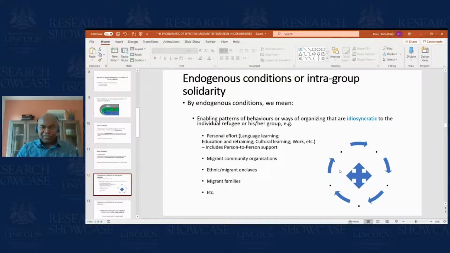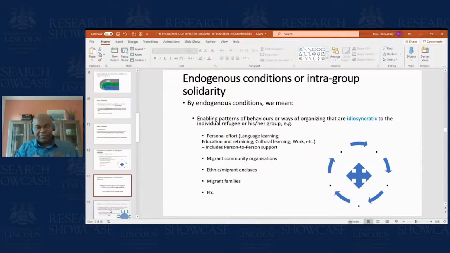So we call it intra-group solidarity, because the actions that take place to support migrant integration take place or rotate within that migrant system. So it's, if you want, a closed system that has elements that are conducive to integration.